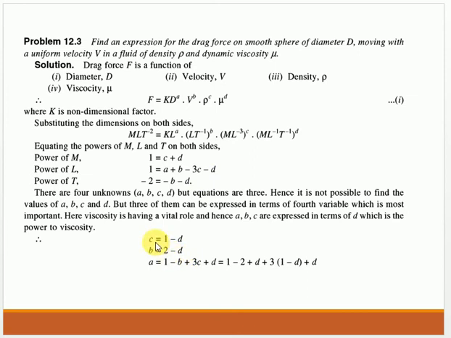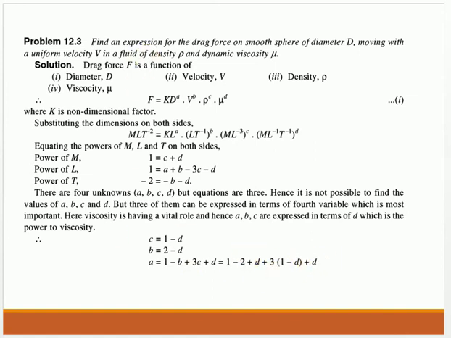So now we know the value of b and c, substitute the value of b and c here. So that is equal to 1 minus, so b equal to 2 minus t, so 2 minus t, so again here minus of 2 into minus of minus t becomes plus t, so 1 minus 2 plus t, plus, here it's minus c, so it goes to plus c, so plus 3c, c will be equal to 1 minus t, so 3 into 1 minus t plus t.